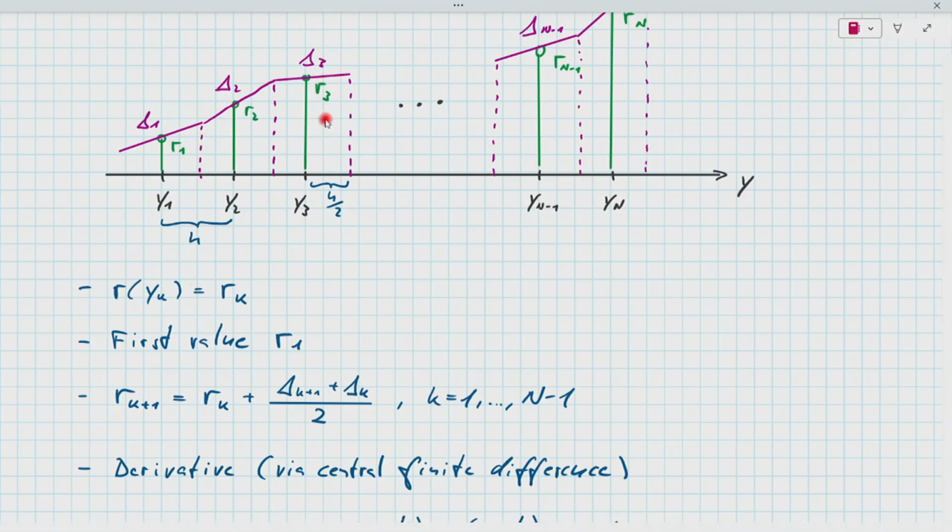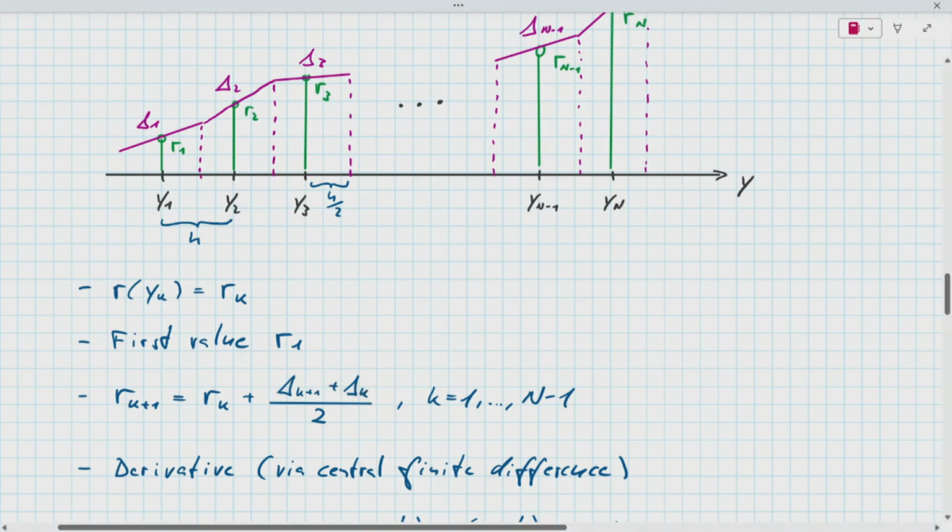And the same for every following point. So it's always half of delta_k plus half of delta_{k+1} that we add to the last map point. And then we accumulate, it's kind of a discrete integration, and that guarantees that we get a monotonic function as long as these increments are positive.